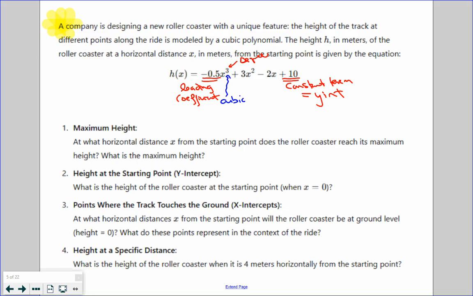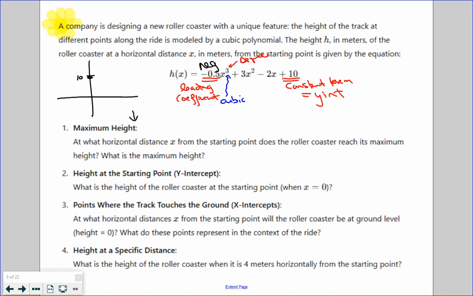Now, the leading coefficient controls how the graph ends. So because the leading coefficient is negative, then the graph is going to finish by going down to the right. So I know it's going to have a y-intercept of 10. I know it's going to finish going like that.